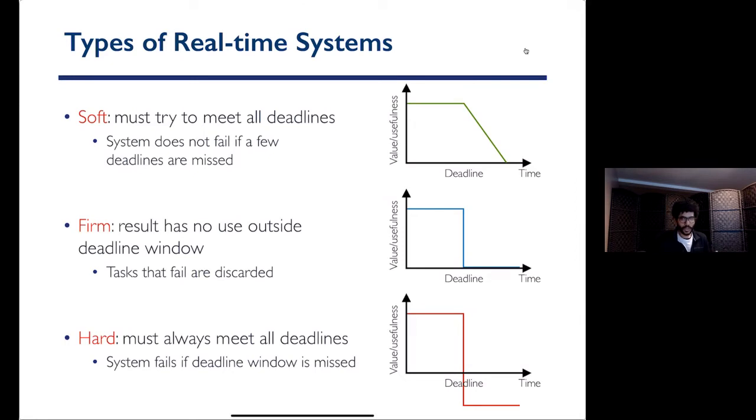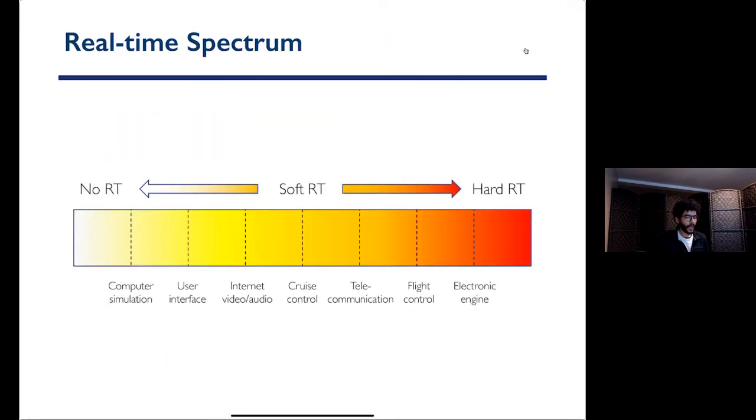With firm real-time systems, the value of finishing a job after its deadline is zero. Basically, you can just throw it away if you didn't do it. With hard real-time systems, the value is negative. So the moment you miss a deadline, something really terrible could happen. And these are all recalls from the introduction.